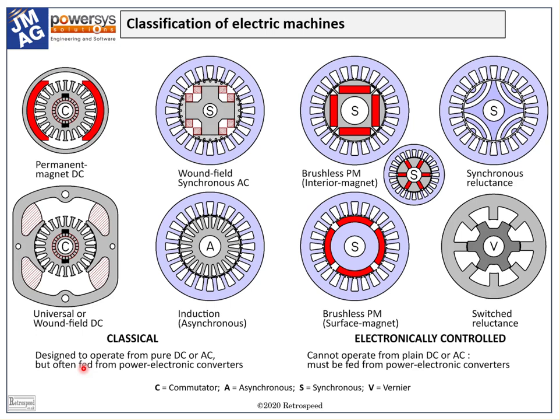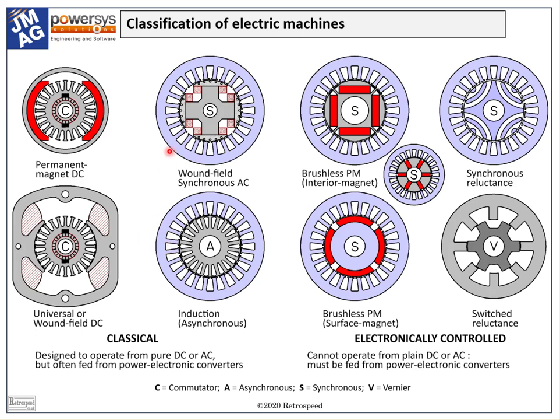When power electronic controllers started to become seriously practical and commercial, let's say since the 1970s, they were applied in the first instance to classical machines, primarily to the DC motor, and then the induction motor and the synchronous motor.